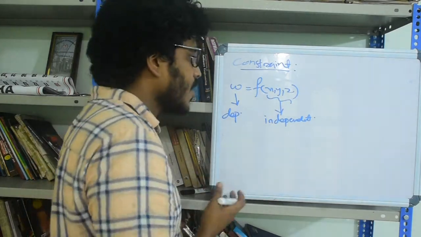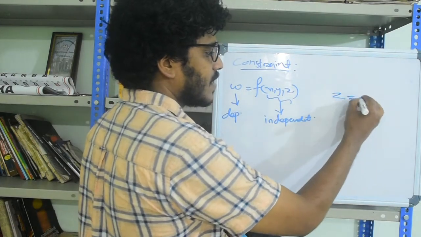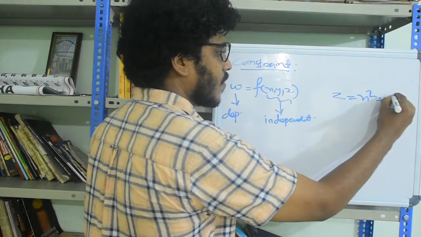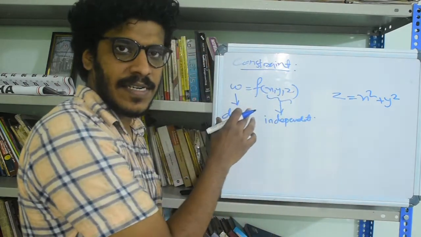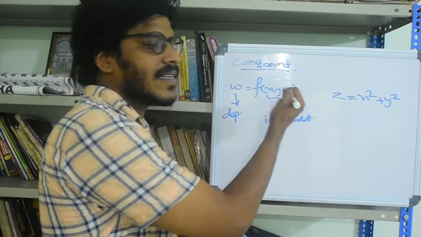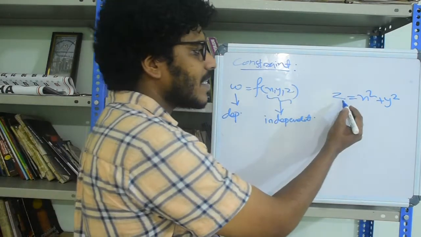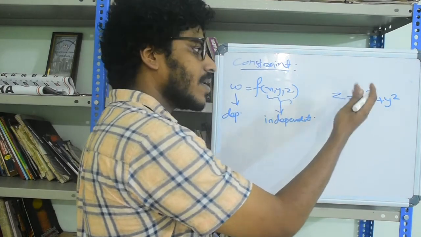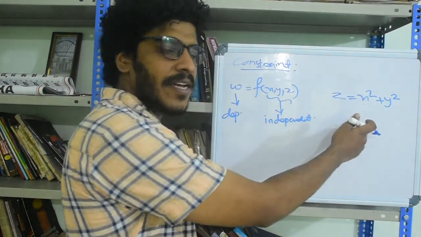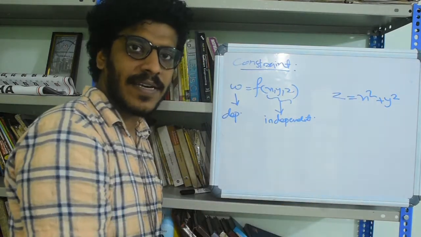Which means if we have a new expression, say for example z equal to x square plus y square along with this function, then x, y, z may not be purely independent always. See, z is actually depending on x square and y square, or to be simpler, z depends on x and y.